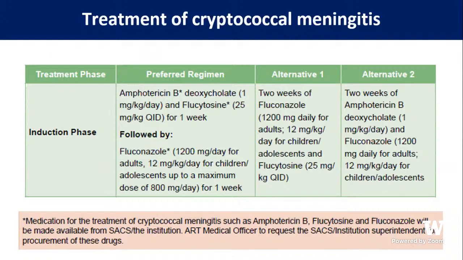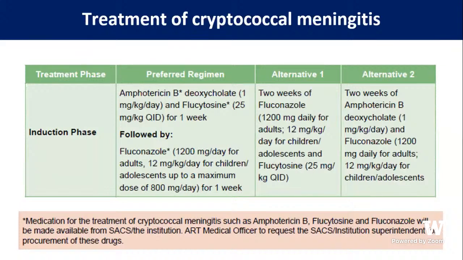Suppose you don't have amphotericin B or flucytosine access in your institution, you can then give 2 weeks of fluconazole 1200 milligram daily for adults, and flucytosine, or you can give 2 weeks of amphotericin B and fluconazole if flucytosine is not available.